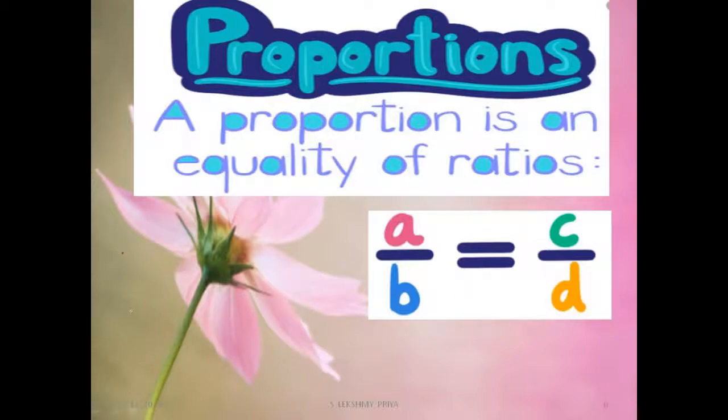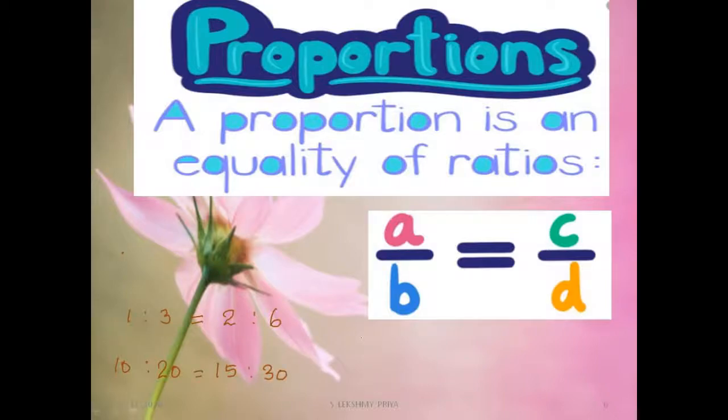So, from the above two examples, we have 1 is to 3 equal to 2 is to 6 and 10 is to 20 equal to 15 is to 30.